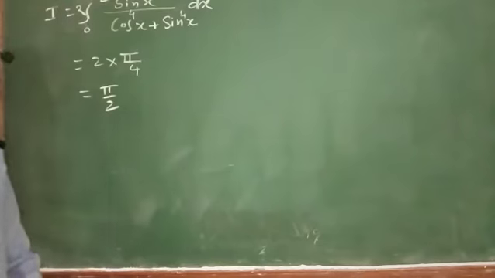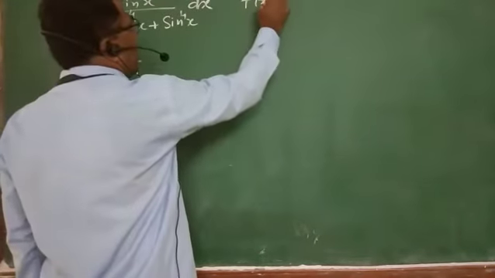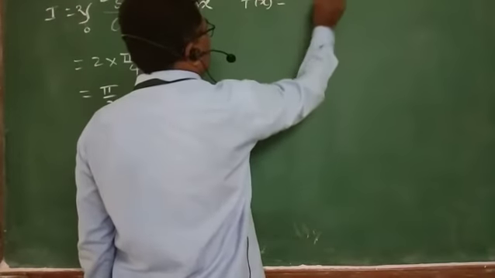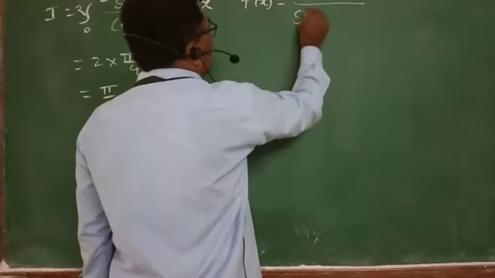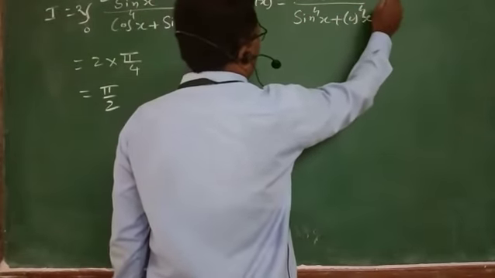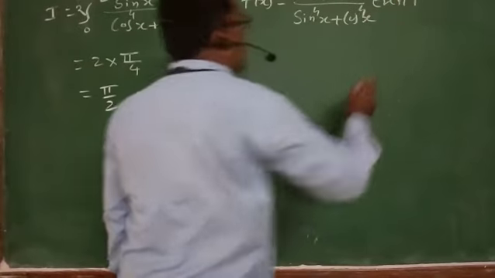Here the function f of x equal to sin raised to 4x upon sin raised to 4x plus cos raised to 4x is an even function.